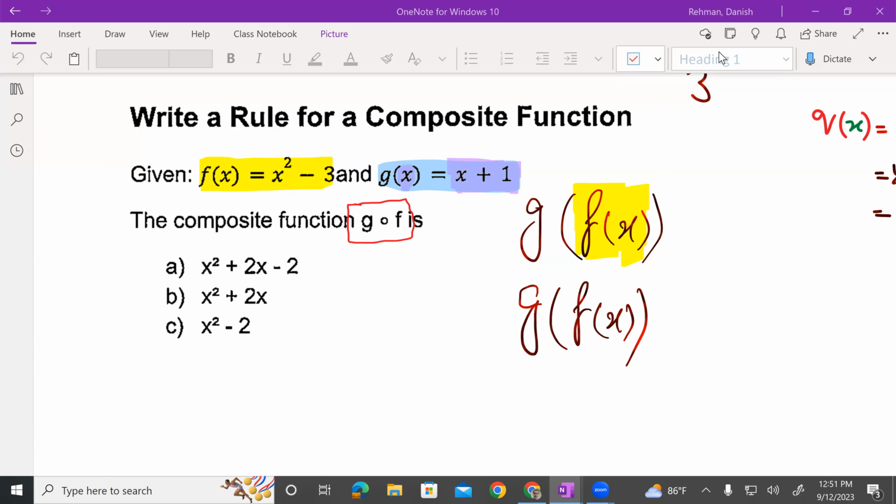So let me highlight this also in purple to think about what g will do to this. Can you tell me what g will do to this? Bring it on. What will g do to this? Anyone? It will add a 1 to that.